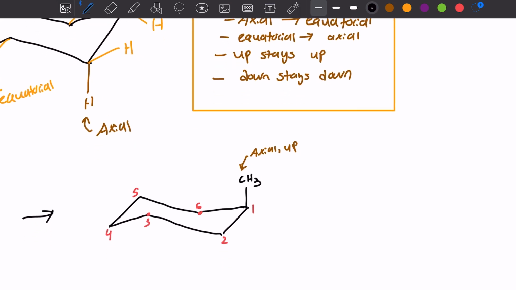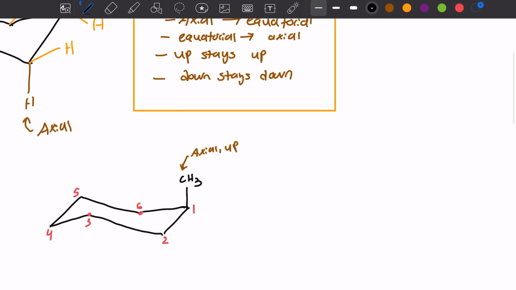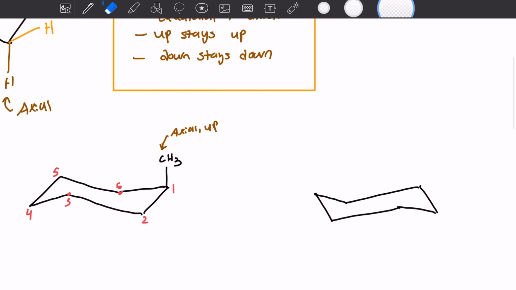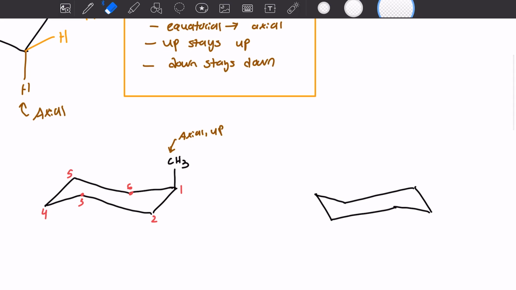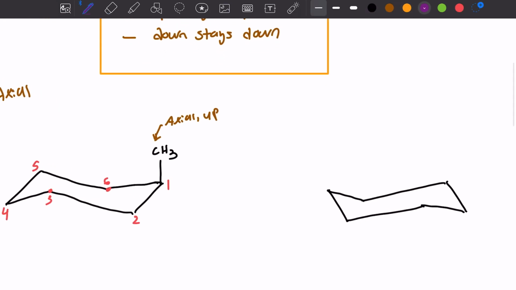The way to do this ring flip is to draw these two parallel lines a little bit different, in the opposite direction, like so. And you get something that looks like this, where it changes the orientation a little bit. When you're doing ring flips, the easiest way to do it is, you see how I've drawn, I'm going to circle this carbon 1. It's going to move down clockwise.